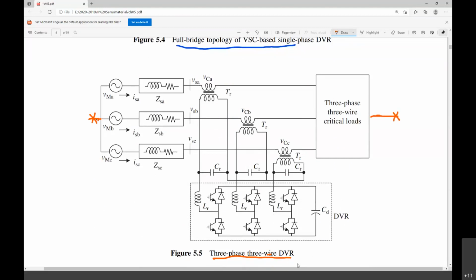In that case, utilization of a three-phase three-wire DVR is an appropriate method. And here we have been considering a three-leg based inverter. It serves to improve the load voltage over here.